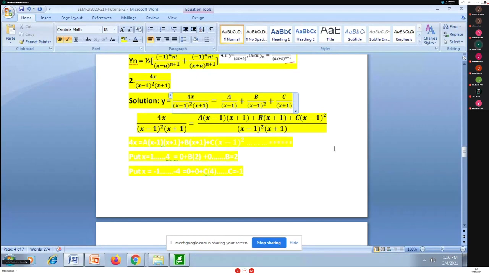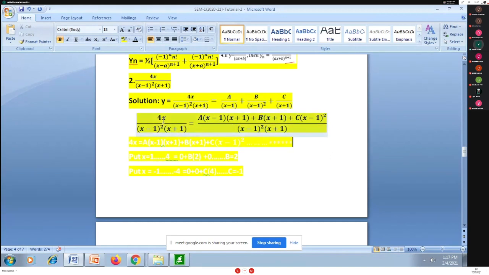Or simply I can take the LCM in the numerator, so that I have the denominator x minus 1 bracket square into x plus 1. This way I'm getting this here.